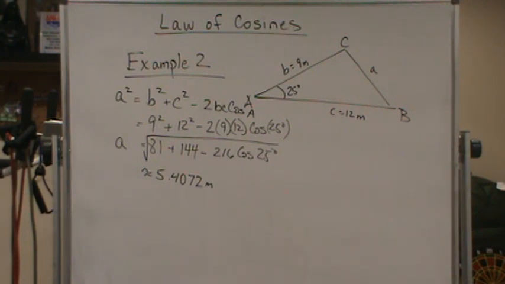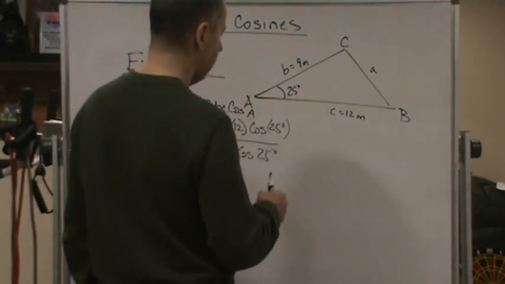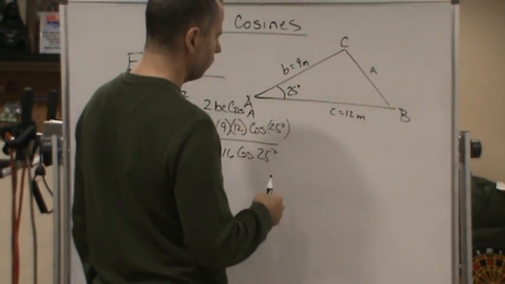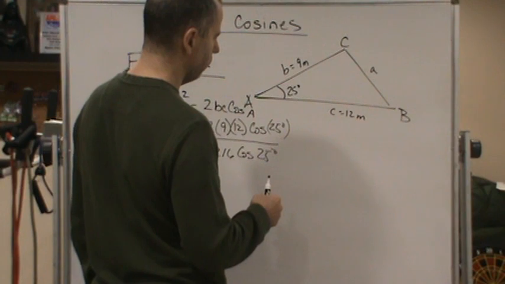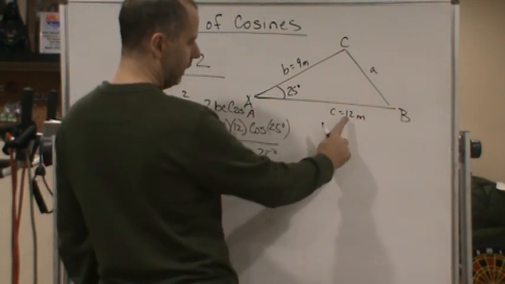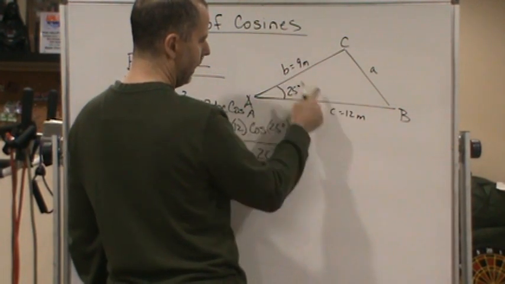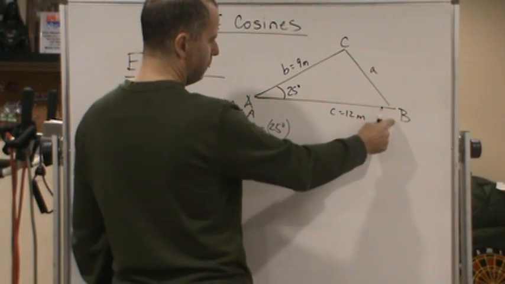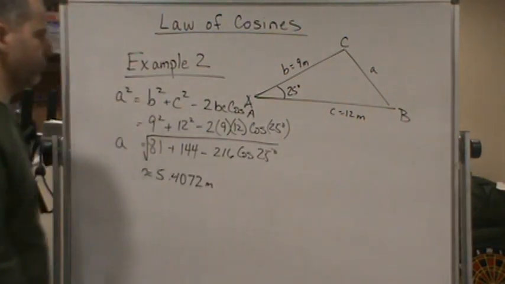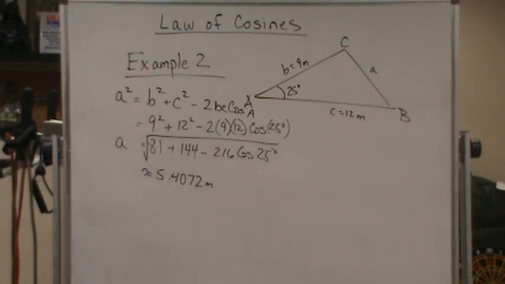Now, of angles B and C, angle B must be smaller, right? Because C is across from the larger side. 9 is smaller than 12, so angle B has to be smaller than angle C. So B cannot be obtuse and must be acute.